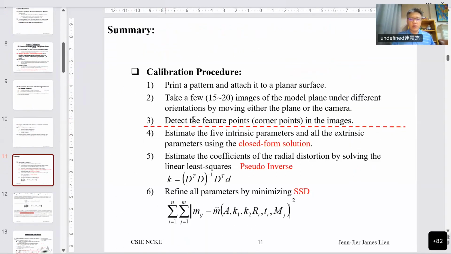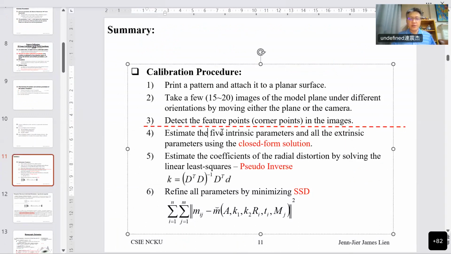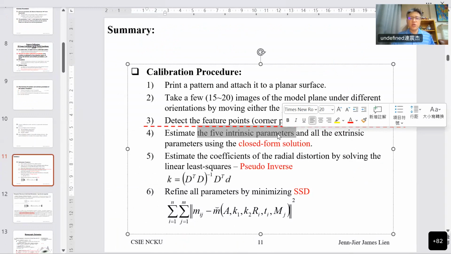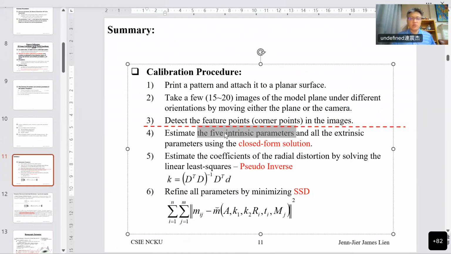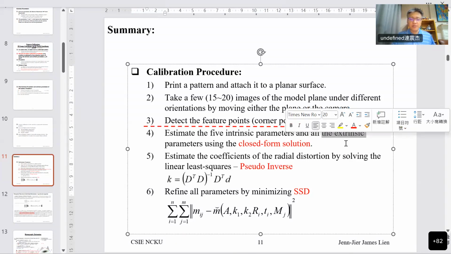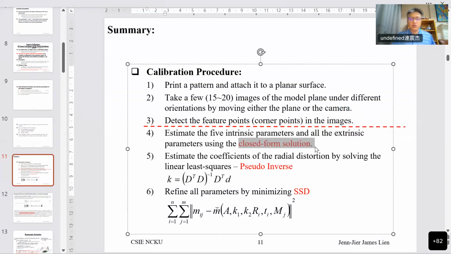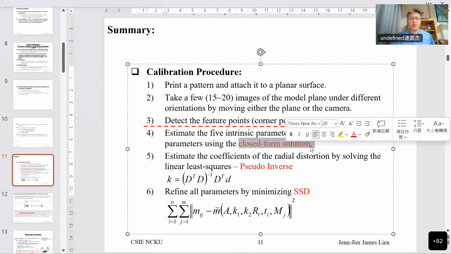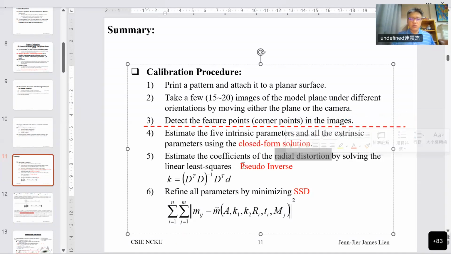After you have collected this ground truth, we'll start to do, first of all, we will try to calculate the intrinsic parameters and extrinsic parameters. First we find the intrinsic parameters, and then the extrinsic parameters using a closed form solution. After that, we'll solve the distortion parameters using pseudo inverse.